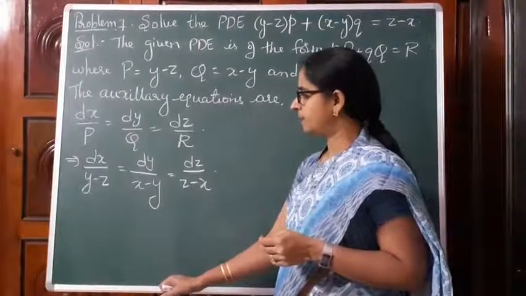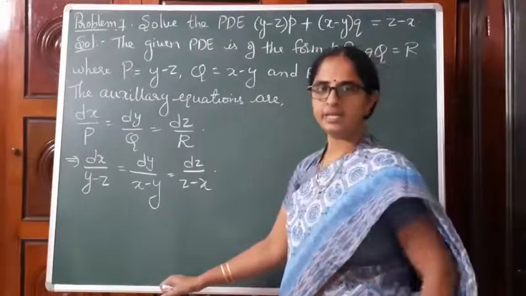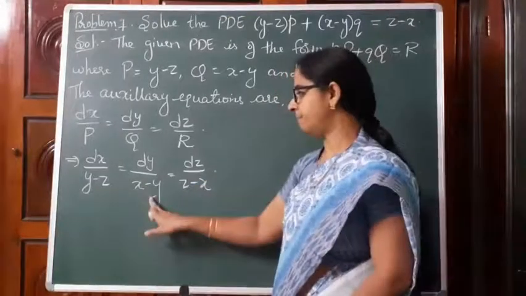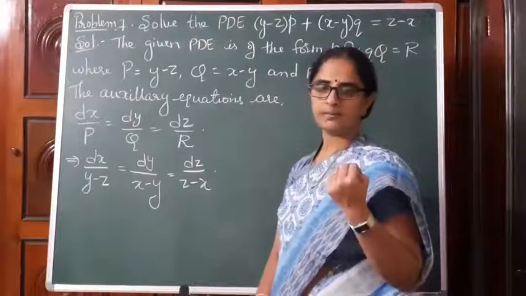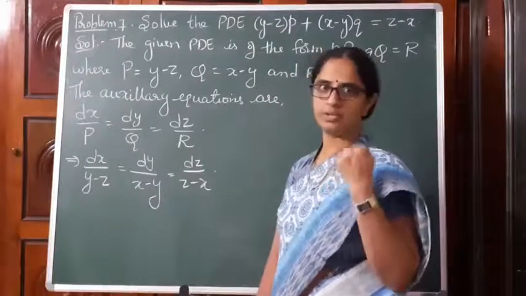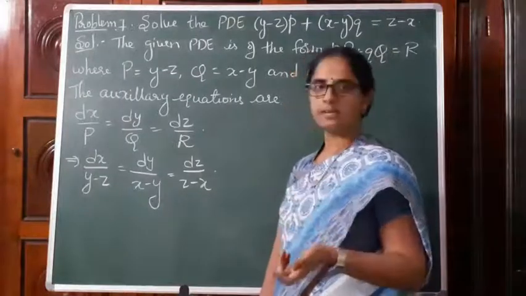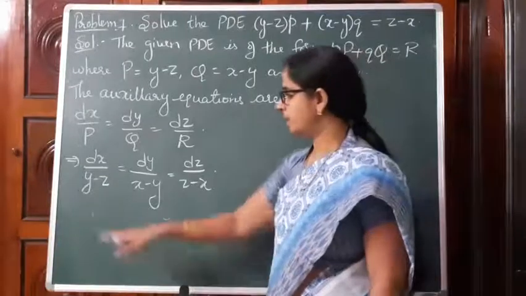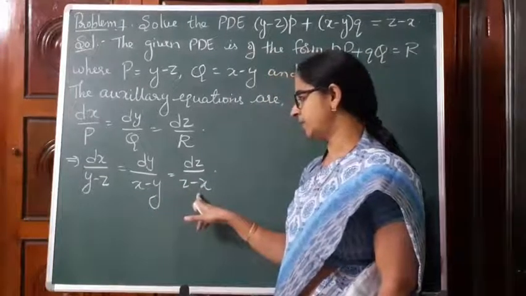In the method of multipliers, we should choose the multipliers l, m, n such that l into P plus m into Q plus n into R is equal to 0. We should get two sets of such multipliers because we need two independent solutions here. So let us think for the first set of multipliers. How can lP plus mQ plus nR be equal to 0?